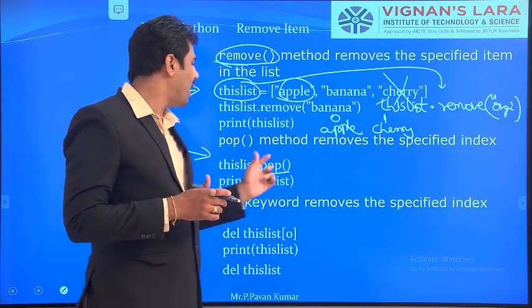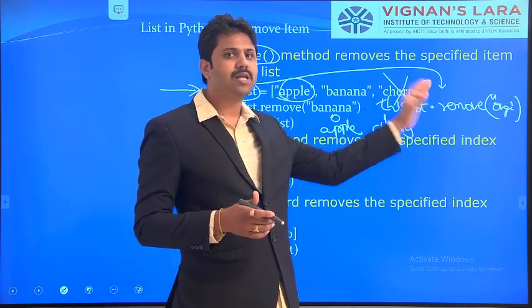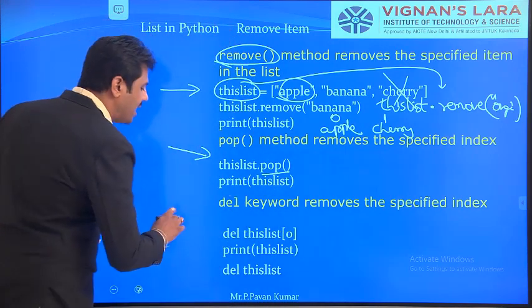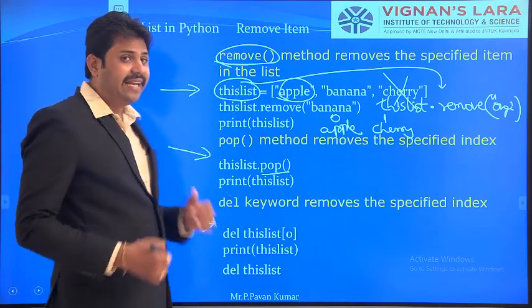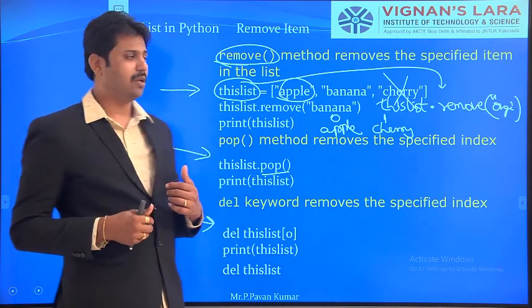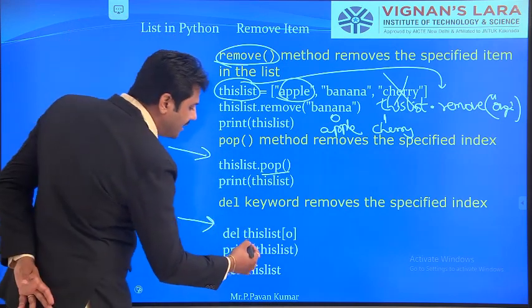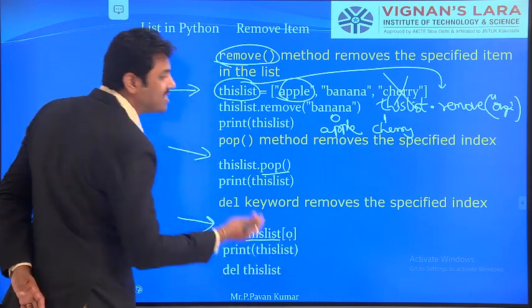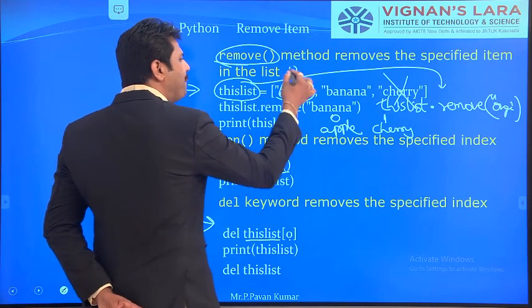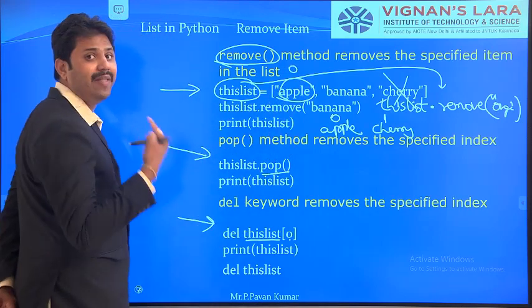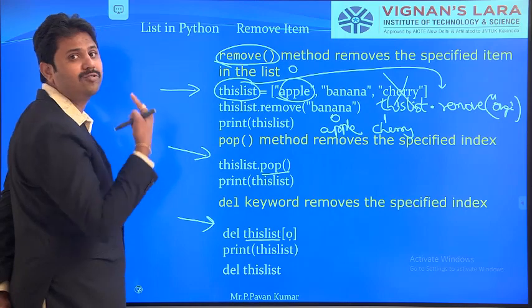Pop just removes the last value. Next, del is index-based deletion. That means I just use this list of 0. 0 is the index. What is at 0? Apple. It removes apple based on the index, not based on the item.